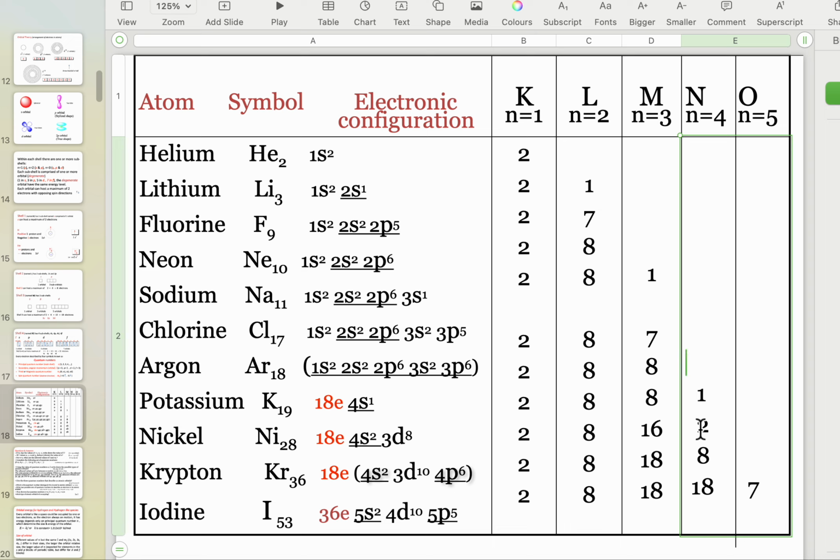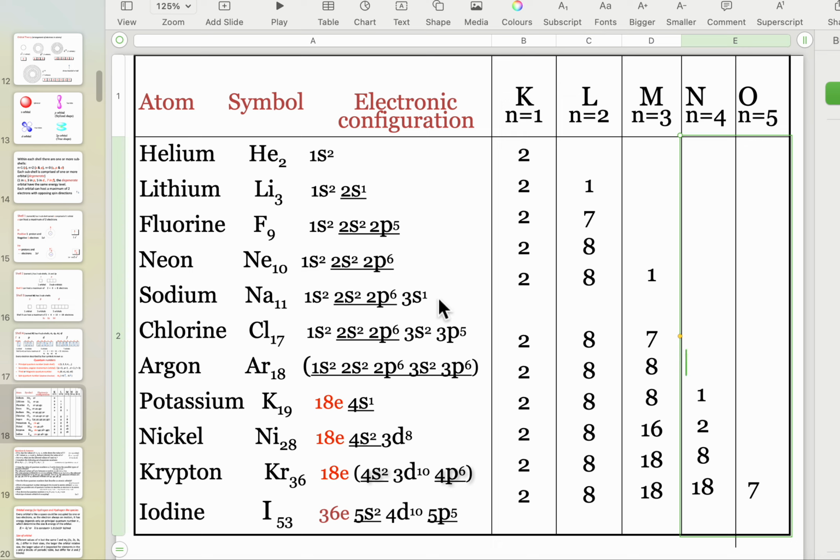Yes. Now we go to argon. Argon has 18 electrons, atomic number 18: 1s2, 2s2, 2p6, 3s2, 3p6. So now if you see argon, all electrons have filled the orbitals, suborbitals.